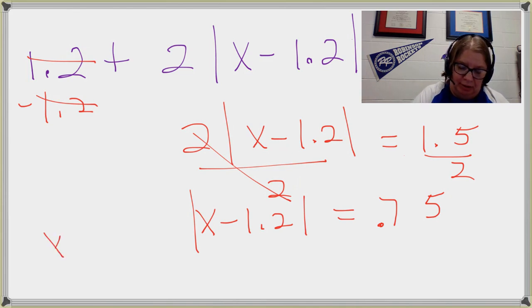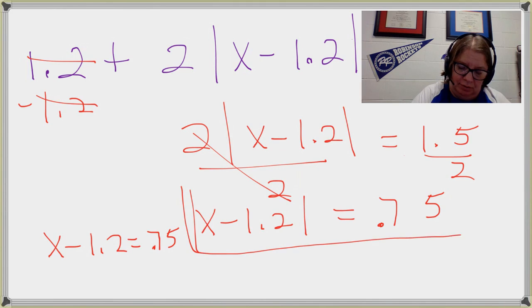Now we need to split it and make it x minus 1.2 equals 0.75. I'm running out of room. And x minus 1.2 equals negative 0.75. Add 1.2.